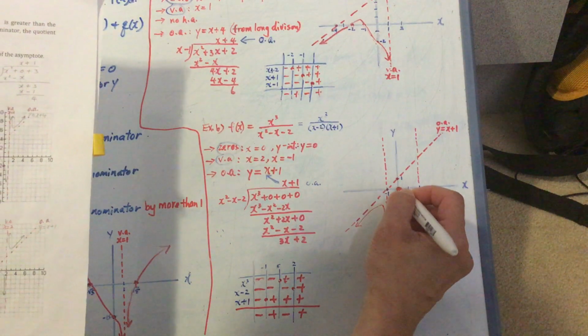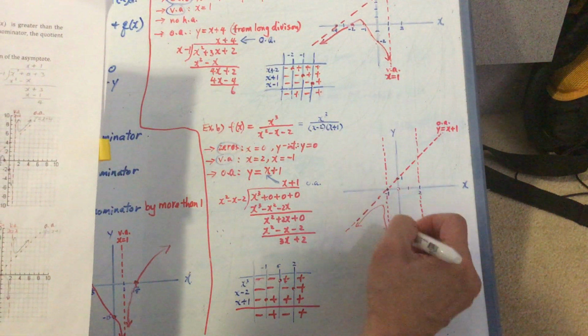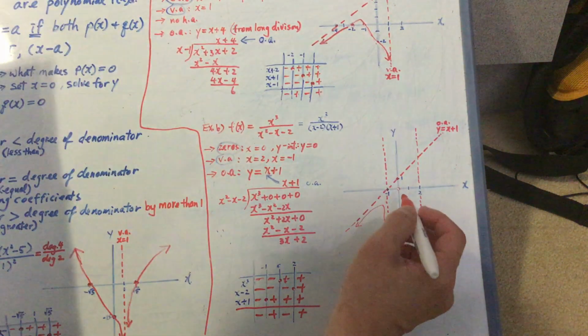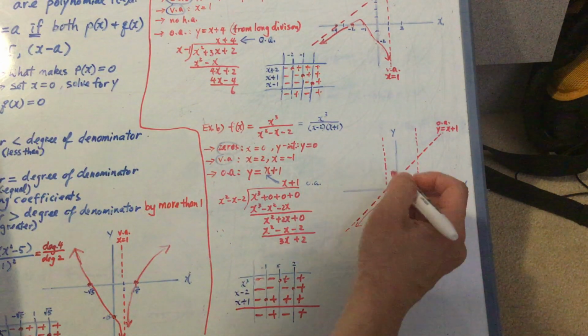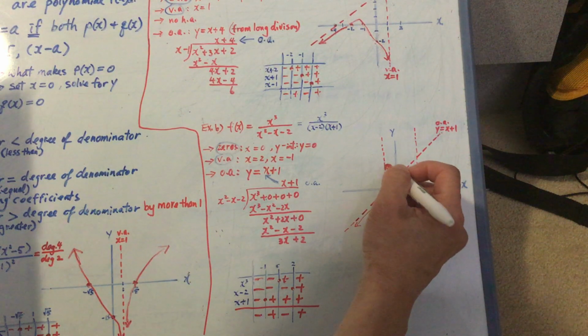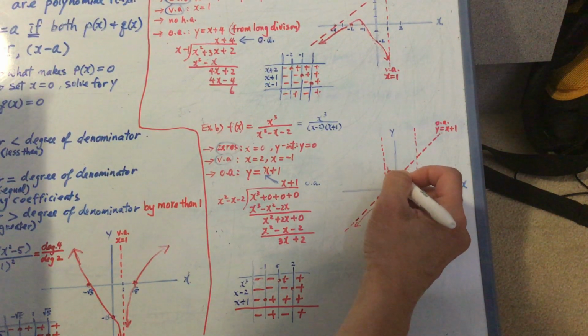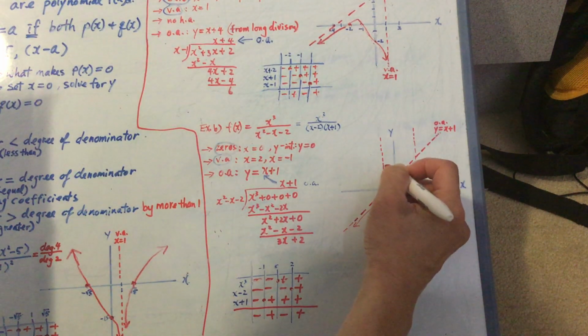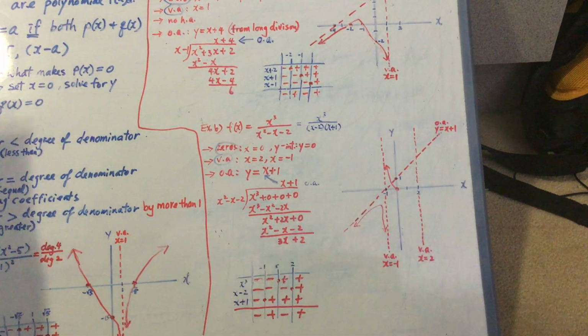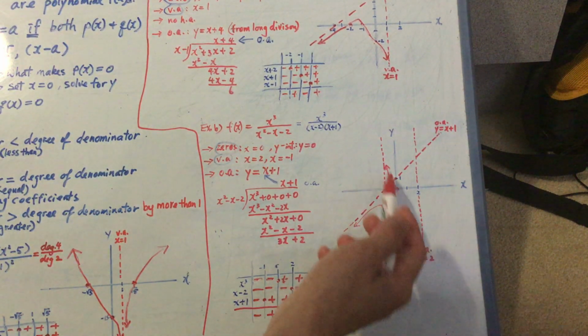Oh, because this one has to be a positive, and I don't have any y-intercept down here. So that means I have to somehow cross the oblique asymptote. This is the point of origin. Yeah. So the oblique asymptote is another asymptote just like the horizontal asymptotes, where you can cross. If you have a good reason to cross, then you have to cross. Now, why am I crossing it?